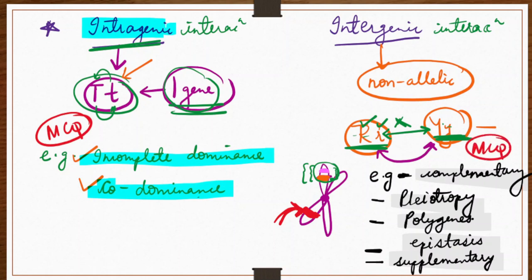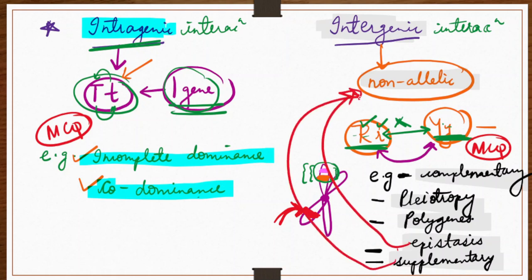This can be asked as an MCQ, which I am telling you, about what is non-allelic. They can ask whether epistasis is an allelic interaction or a non-allelic interaction, then you should know that, as I have written here, epistasis is a non-allelic interaction. What is supplementary? Non-allelic interaction.